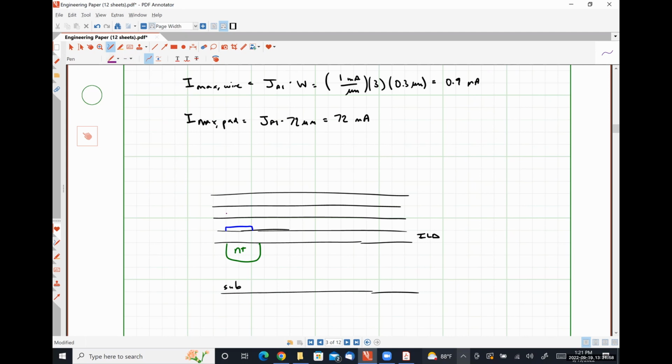This is where metal 2 exists, and then up here is our big bonding pad. We would have to go from metal 3 to metal 2 using vias, metal 2 to metal 1 using vias, and then metal 1 to the active layer using contacts.